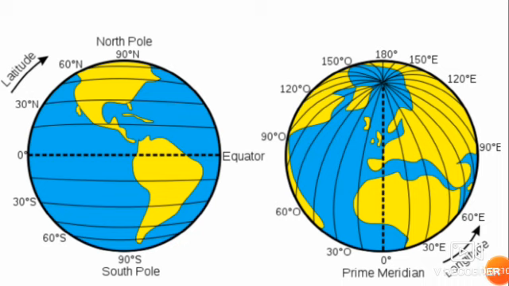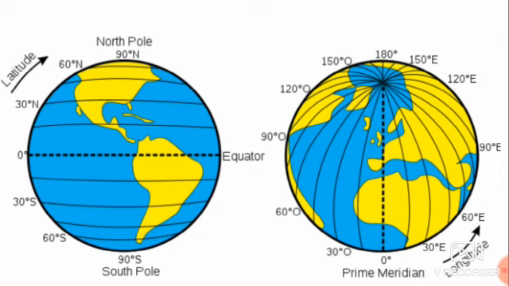Longitudes from Greenwich to the international date line in the east, from 0 degree to 180 degree E, are known as eastern longitudes, and the longitudes from Greenwich to the international date line in the west, from 0 degree to 180 degree W, are known as western longitudes.